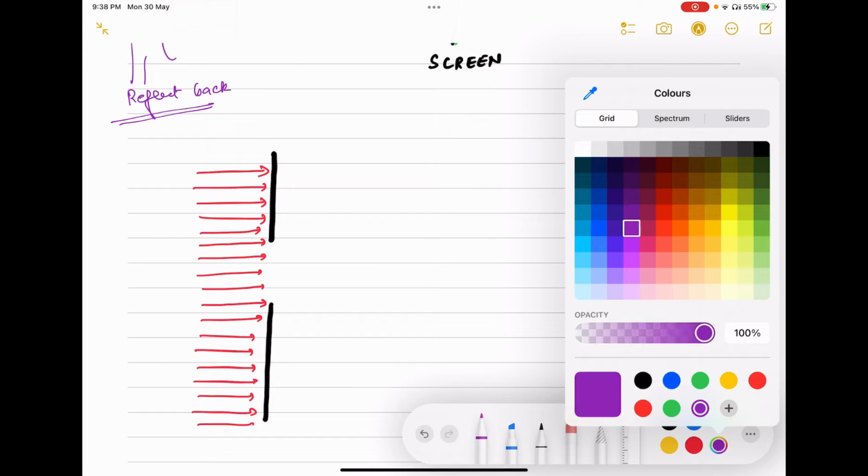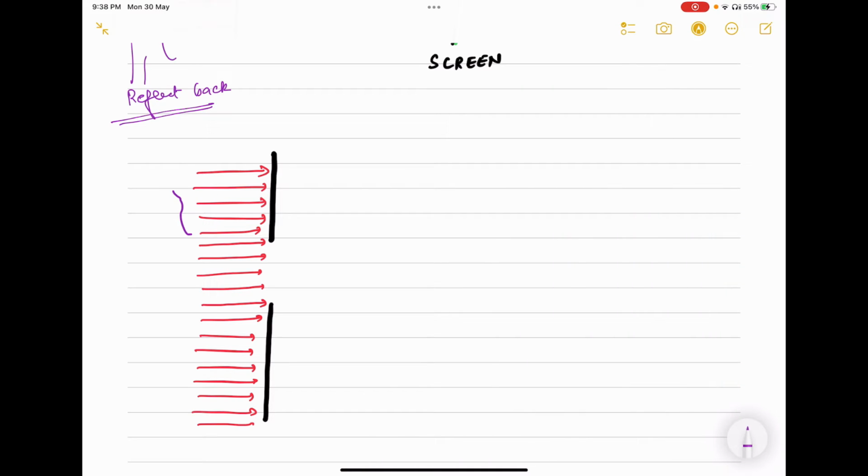These ones that are obstructed are reflected back because of the obstruction. They cannot pass through.